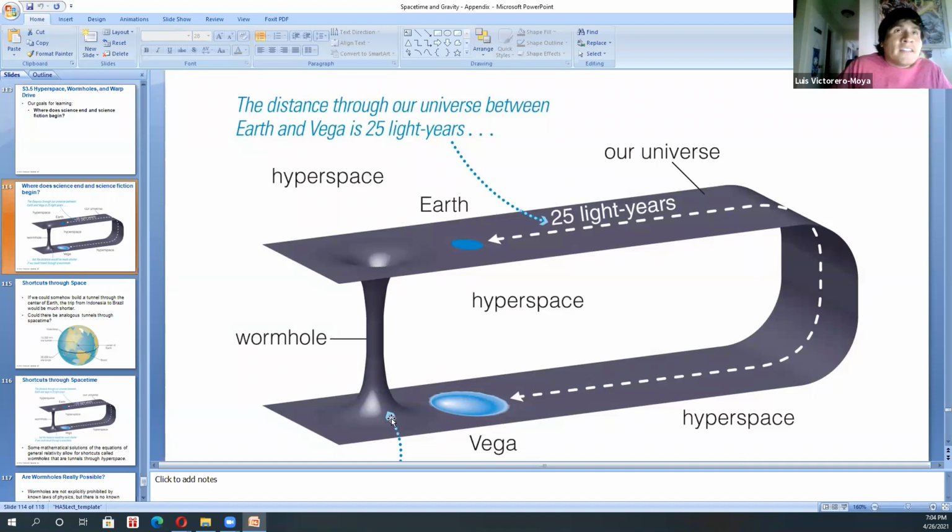You are going faster than time, faster than light, from one point to another. Some scientists think that a wormhole may not just take you to another part of the universe. It might very well take you to another universe, another reality.